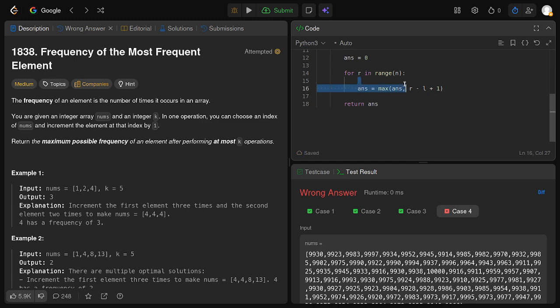Okay, and then we have low, high is 0, R, let's say, right?